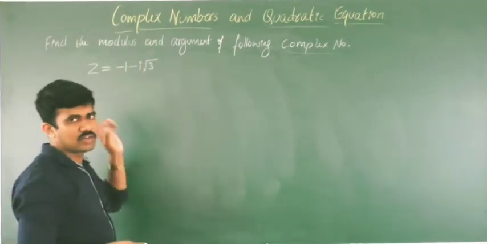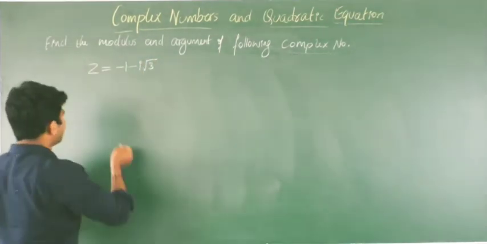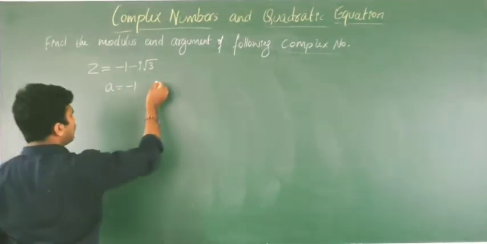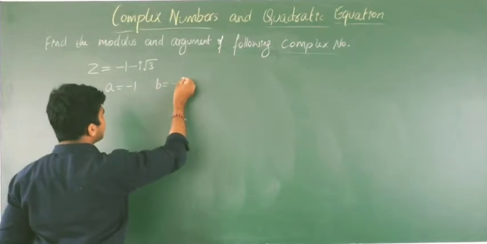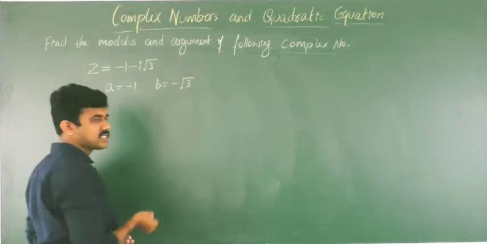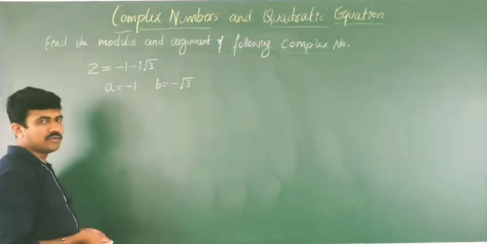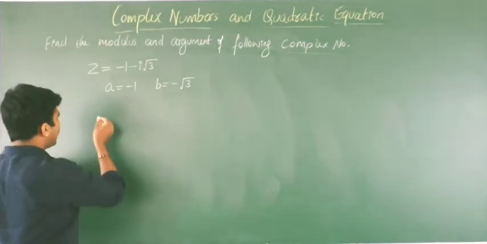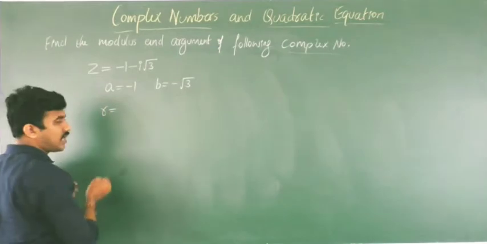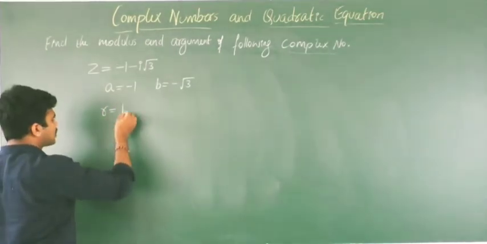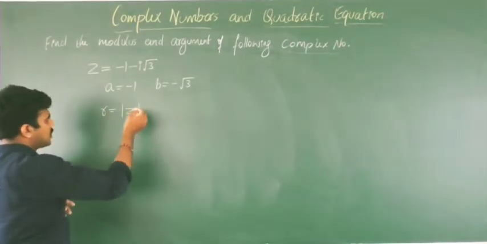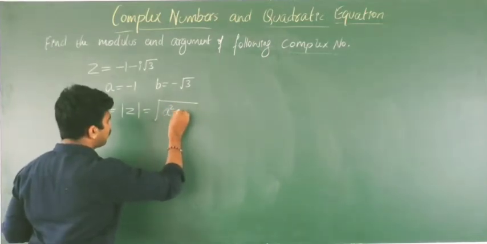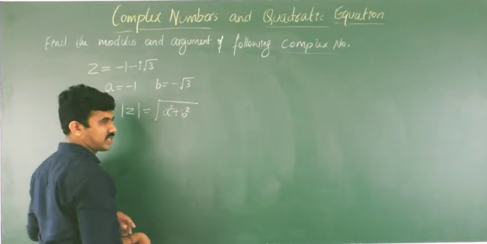In this given complex number, we can observe a is the real part, which is minus 1, and b is the imaginary part, which is minus root 3. To find the modulus, that is the r value, or modulus of the complex number z, we have the formula square root of a square plus b square.